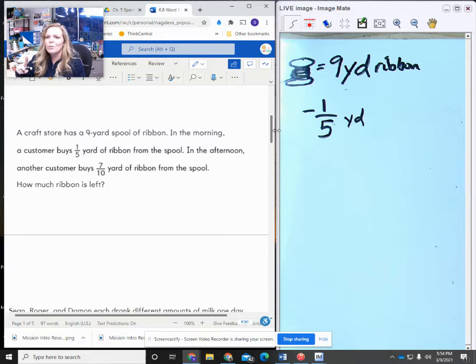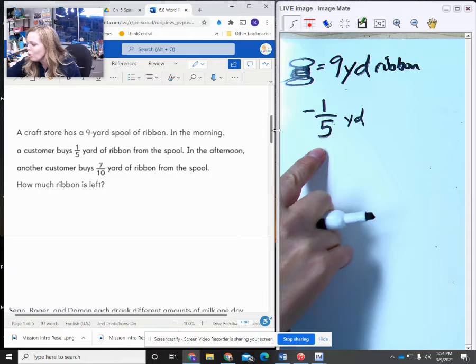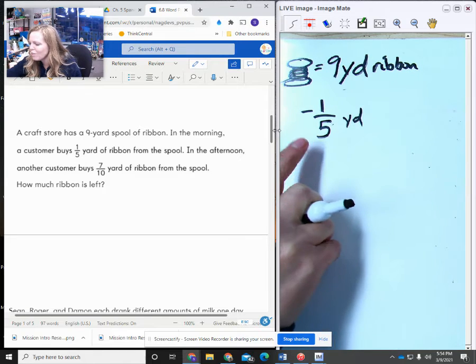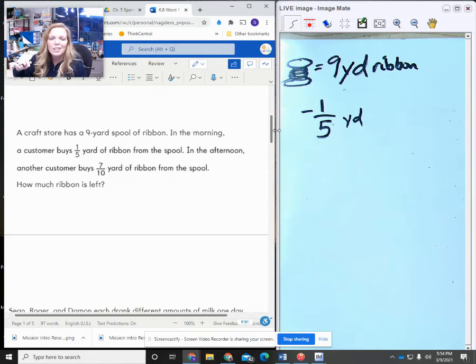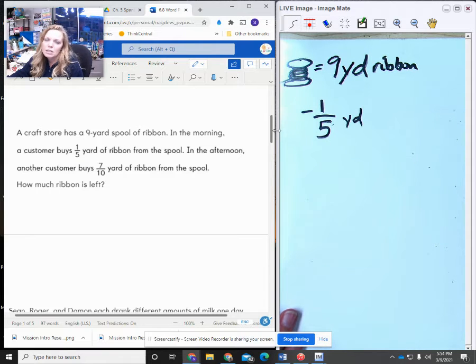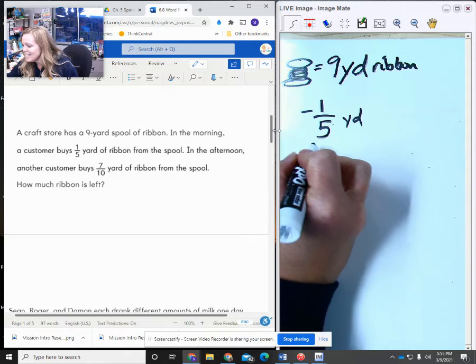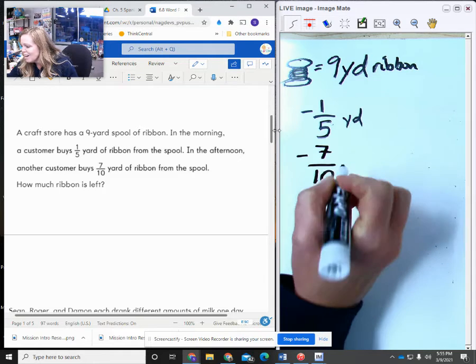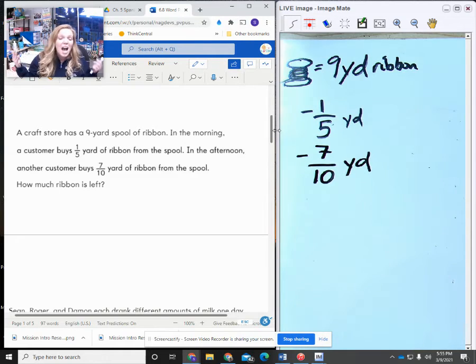So they're not even taking away a whole yard. And then in the afternoon, another customer comes and buys 7/10 of a yard. So again, not even a full yard. Why can't these customers buy 1 yard and make it easy on us? So how much ribbon is left?